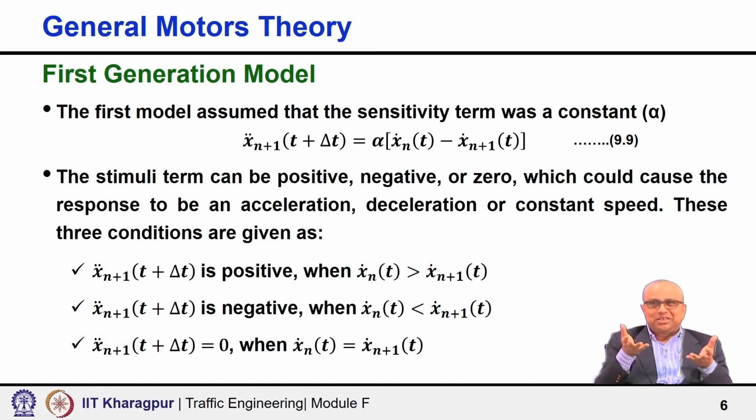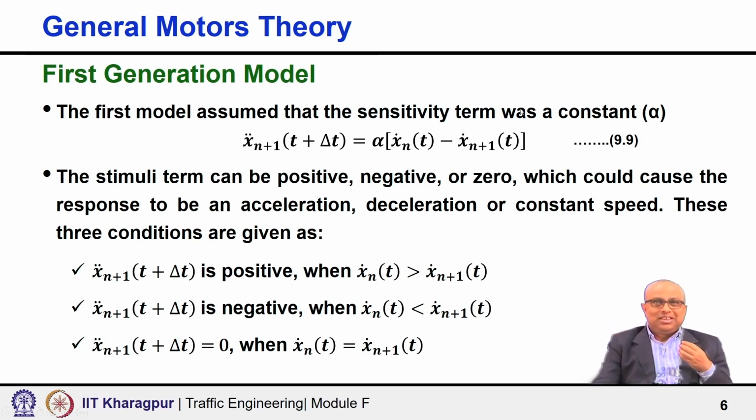Similarly, if x dot n at time t is less than x dot n plus 1 at time t, that means the following vehicle is becoming closer and closer to the lead vehicle. In that case, what is the logical response? It is deceleration.